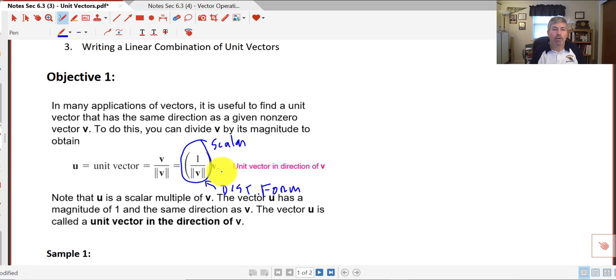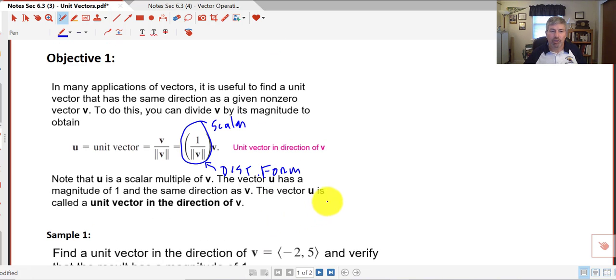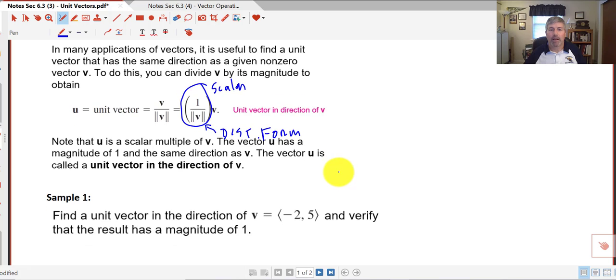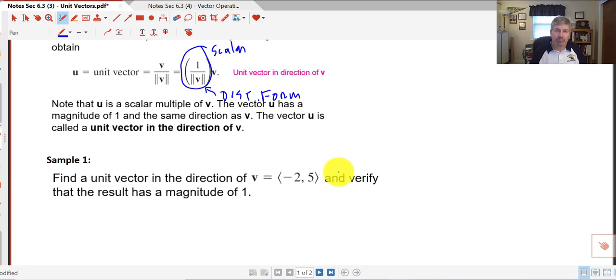And there you go. Note that u is a scalar multiple of v. The vector u has a magnitude of 1 and the same direction as v. The vector u is called a unit vector in the direction of v.